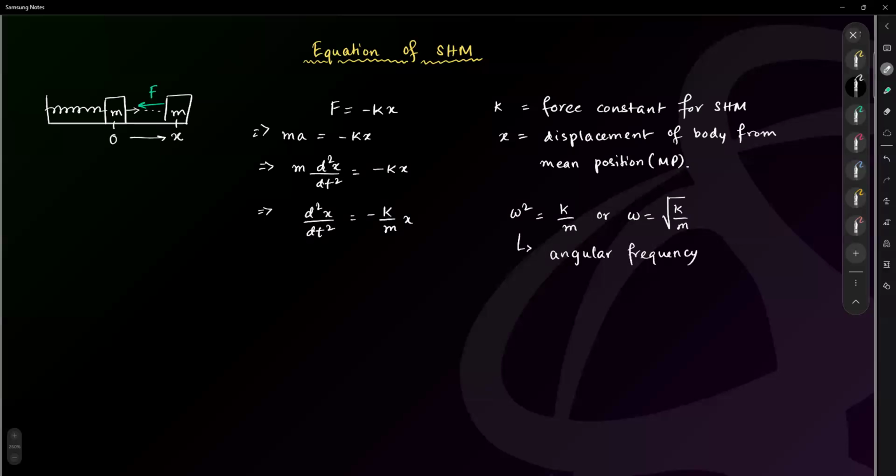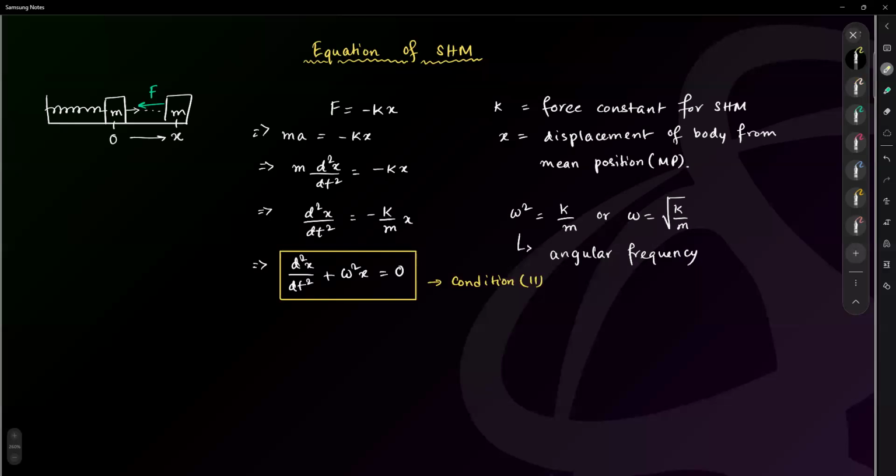So if we substitute it here, we will get d square x dt square plus omega square x equals to 0. This is our second and one of the most important conditions for SHM. Condition 2 for SHM. This one is condition number 1 for SHM.